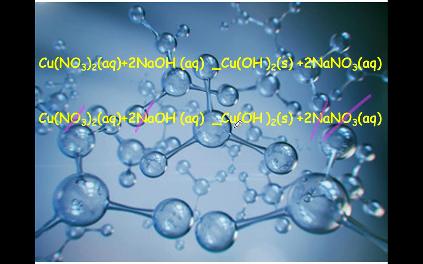So we're going to dismiss the radicals with the same state in the reactants and the products. The nitrate here is in the aqueous state and in the product in the aqueous state, so we're going to dismiss it. The sodium here in the aqueous state, also in the product in the aqueous state. Then let's write what will be left.